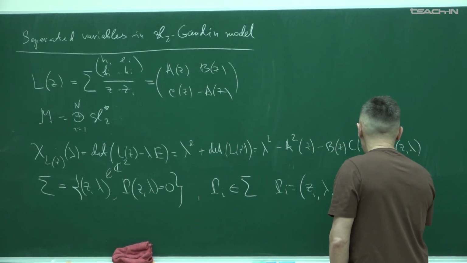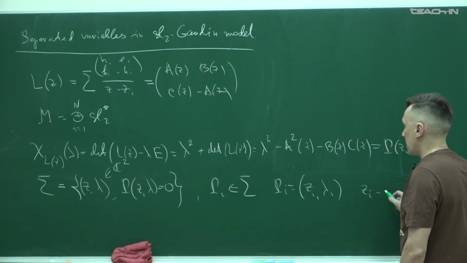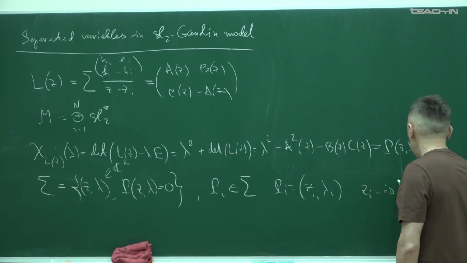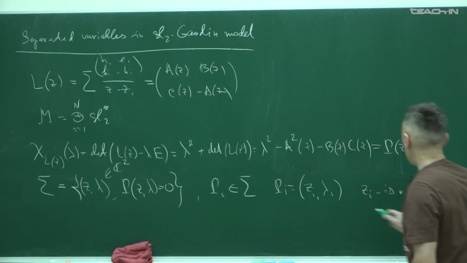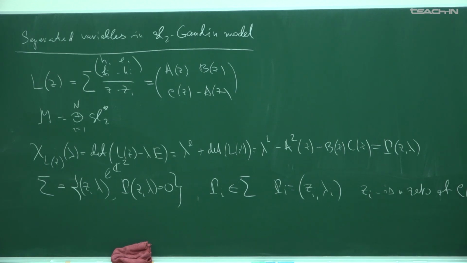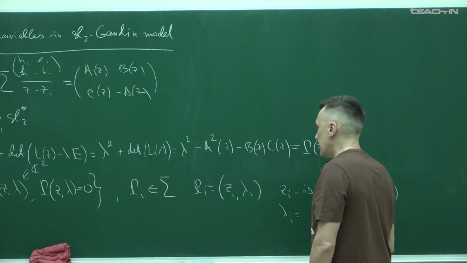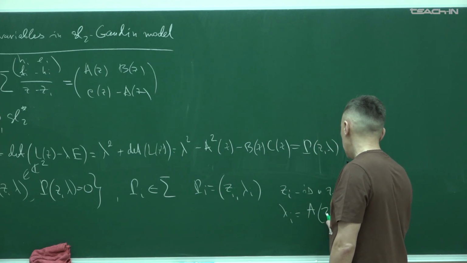And there Zi is the zero of C of Z, and lambda I is A of Zi.